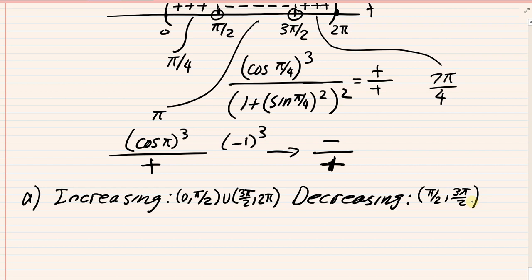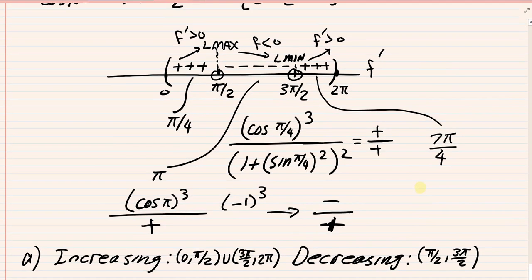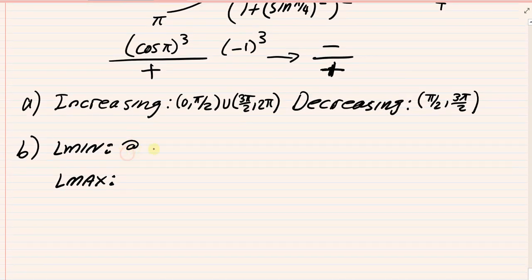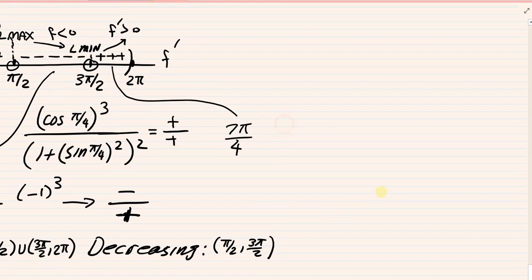Okay. Now, the extrema. Let's go local min and local max. These are relative min, relative max. So we have a local max at pi over 2 and local min at 3 pi over 2. Sorry, I don't know what happened here.